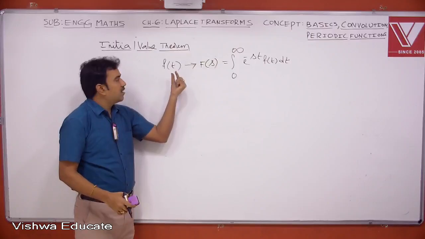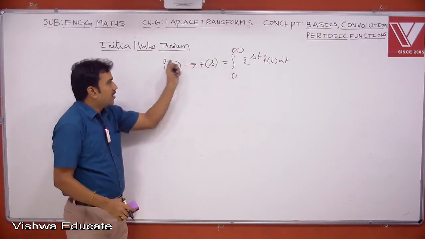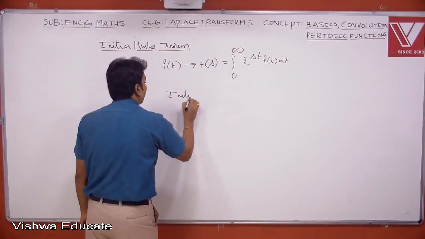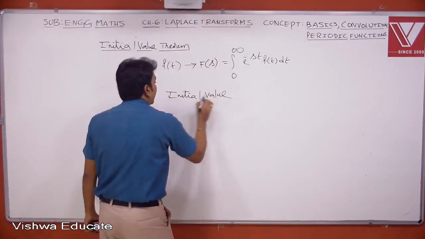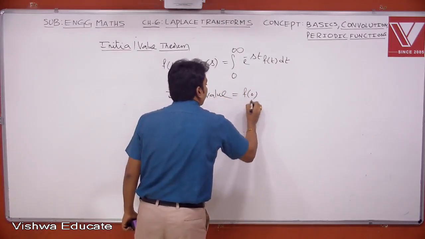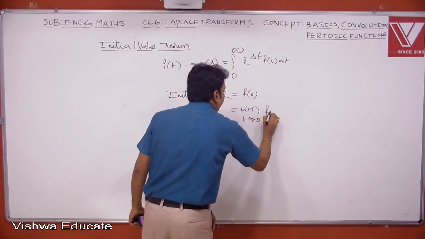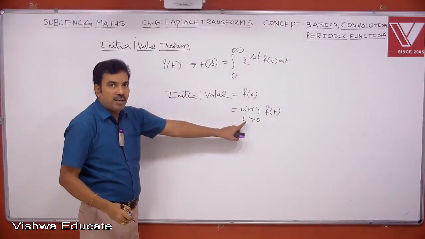Now in this case the function takes its value starting from 0 onwards. Therefore the initial value of such functions is given by f of 0, equal to limit t tends to 0 of f of t. This is the initial value in terms of the time variable.